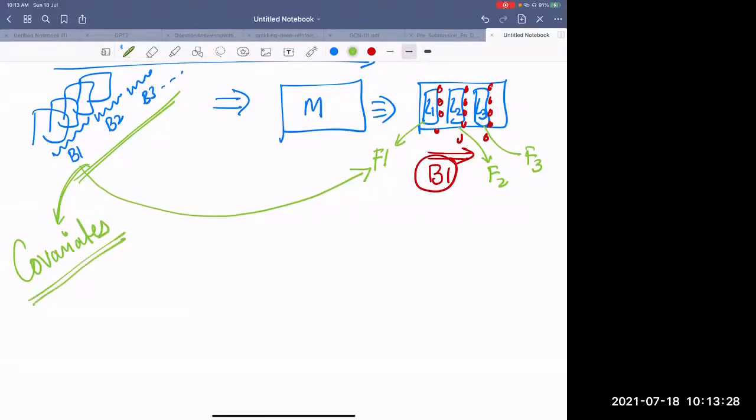Just take it that this is my 2017 batch, this is the 2018 batch, 2019 batch, and so on. I keep showing these students, and assuming that F1 is me, I am teaching some course. Depending upon my students, the grades and marks they get change a lot.